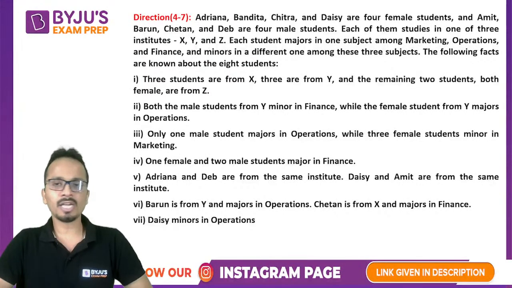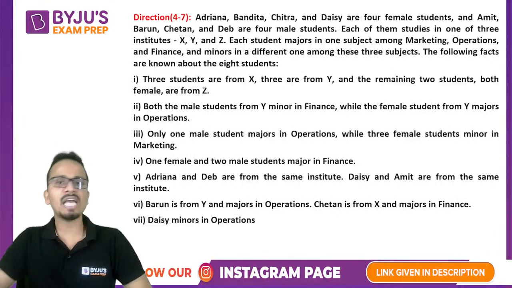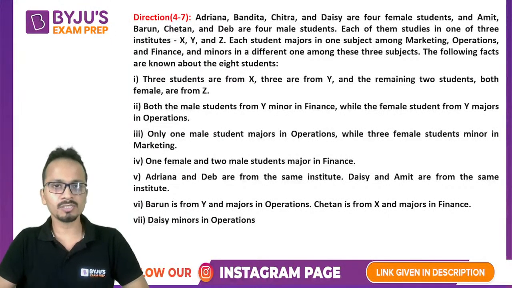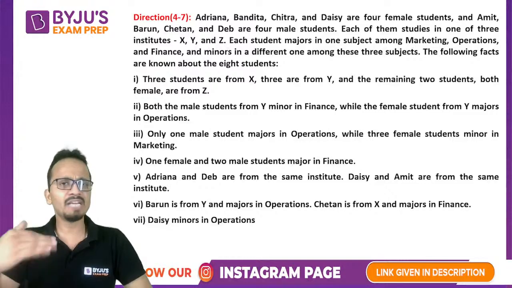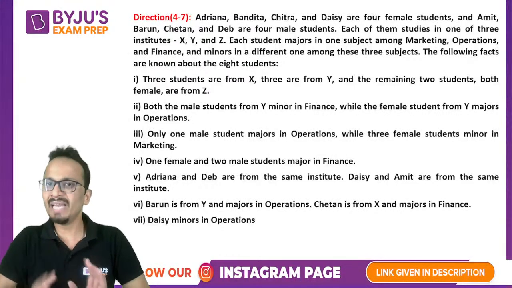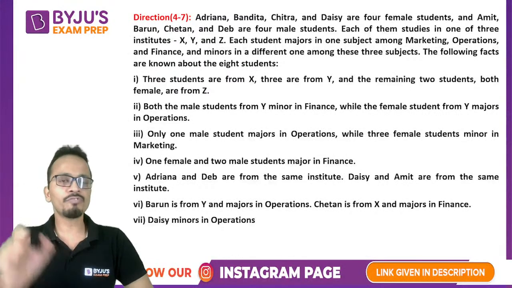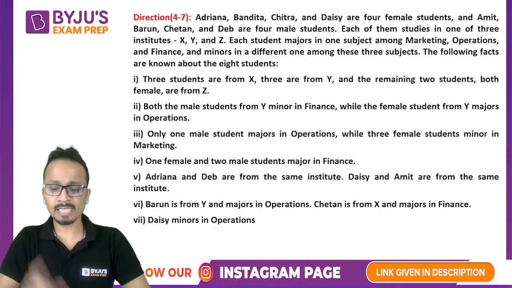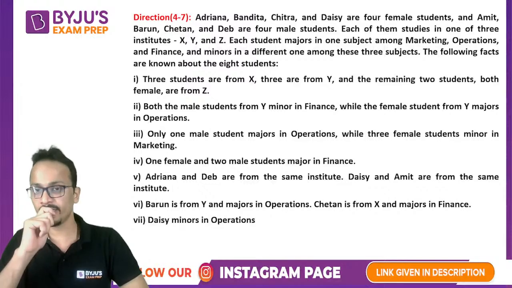Now, whenever I draw a table, in this case we'll have 4 columns, which I have already mentioned, and definitely a minimum of 8 rows, 4 for female and 4 for male. Listen to this very carefully.